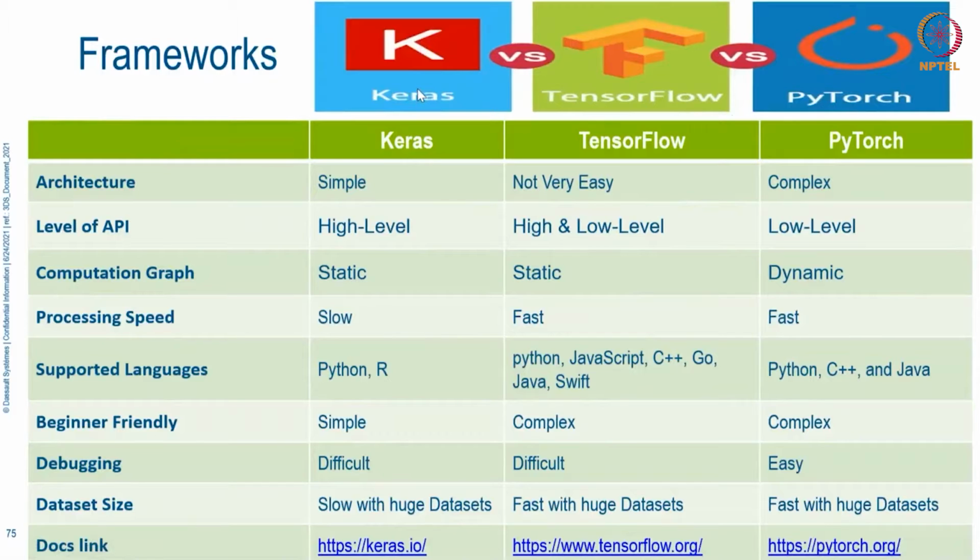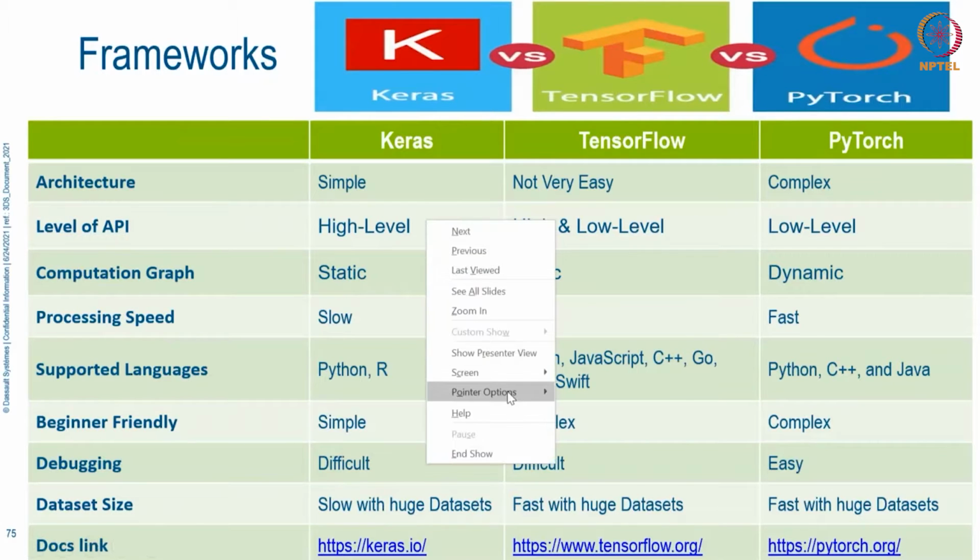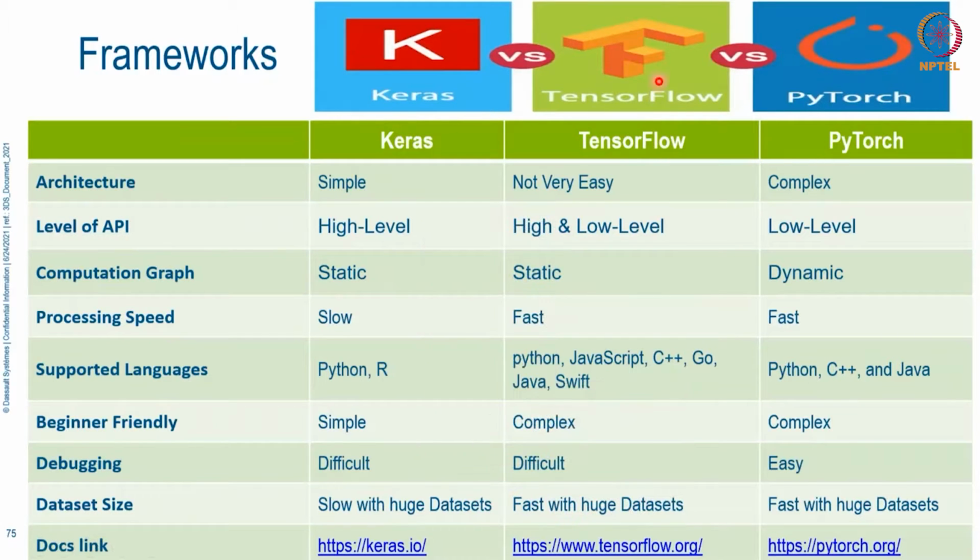It is, you can say, a subset or a higher level API for TensorFlow. TensorFlow is the base of Keras actually, and the other one is PyTorch. So these are the three major frameworks that are being used for actual prototyping or industrializing, I can say that.